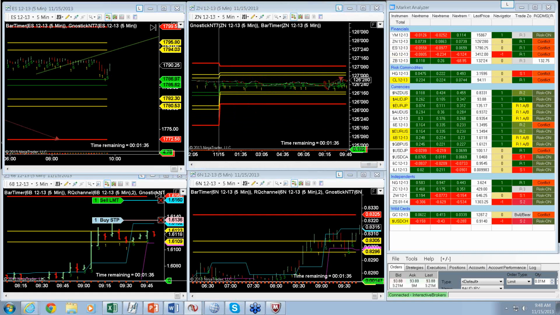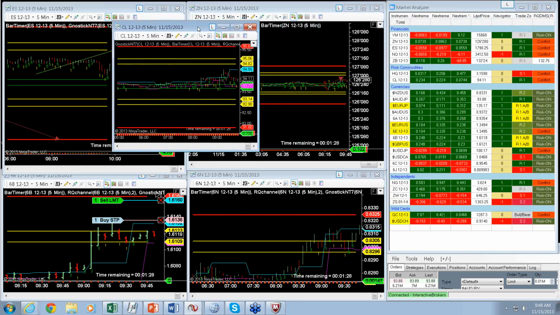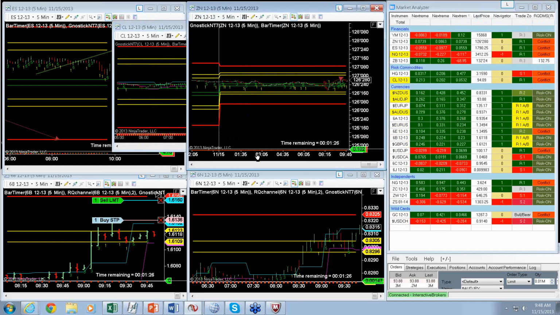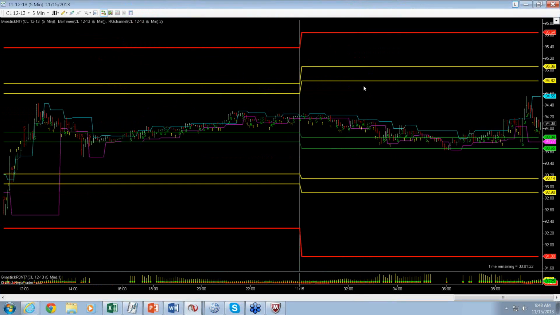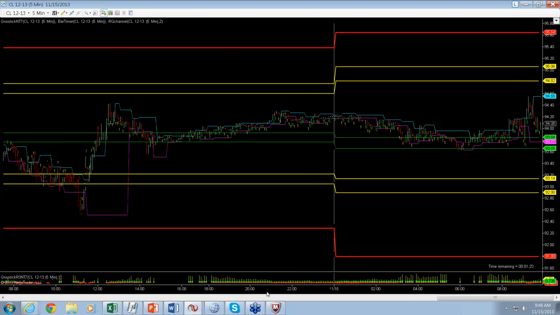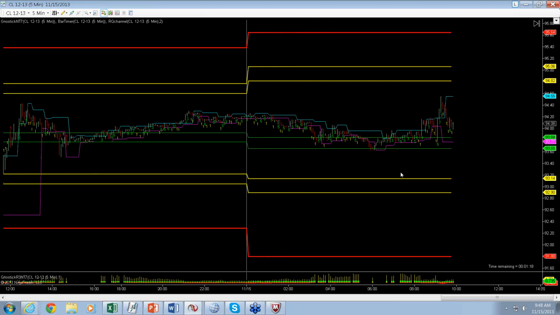Let's get back to crude oil. I won't be surprised to see, before we leave, another opportunity in crude. But I want to show you something, all of you. These levels, as I mentioned earlier, they're only set once. They're predictive, and they're dynamic.